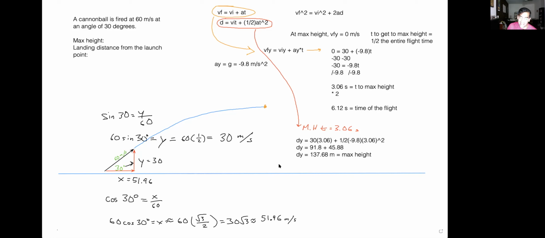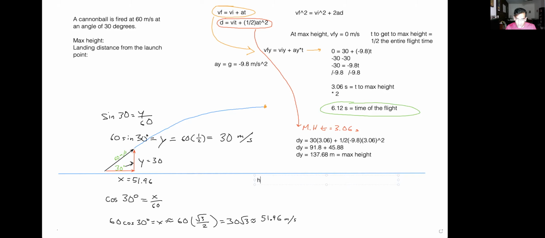And for that, I need to use my x component, or my horizontal component equation. All right, and so that one is going to be rather simple. I've already figured out, I'm going to circle it in green, that the entire time of the flight is 6.12 seconds. And now here is a beautiful fact that's going to make horizontal component equations so simple.